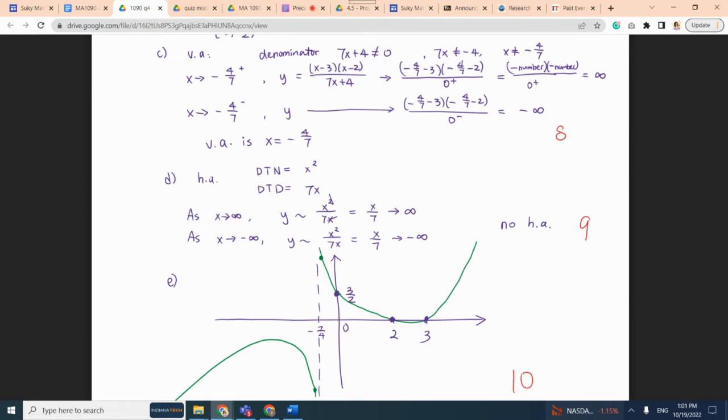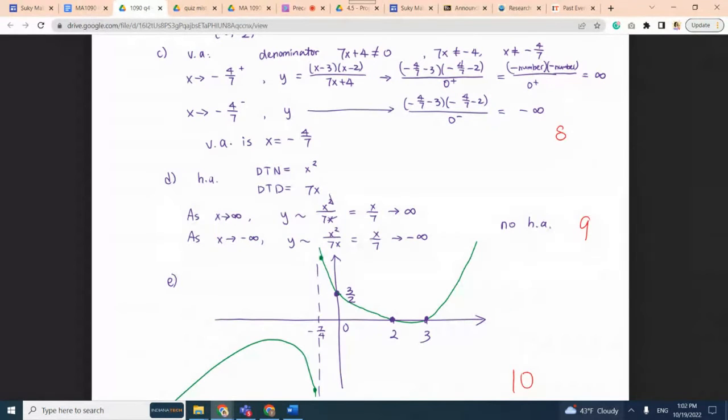Yes? Okay. So when x goes to this number from the right, y goes to infinity. So that's on the right side, infinity, top. That's why you put a small dot right here on the right hand side and the top. Okay? And when x approach this number from the left, y goes to minus infinity.